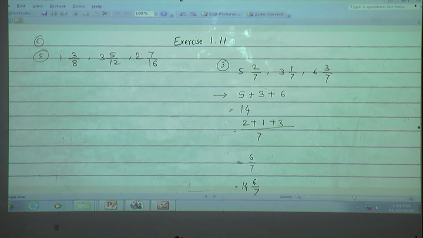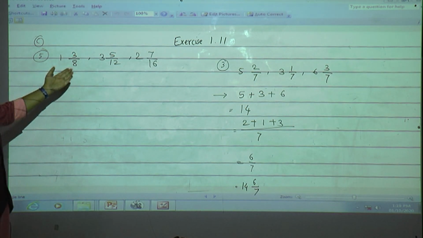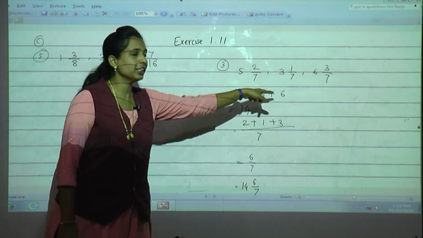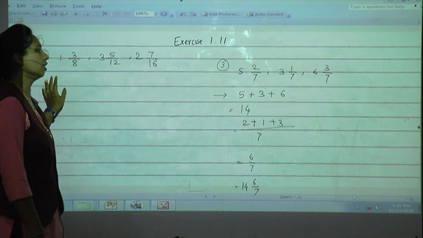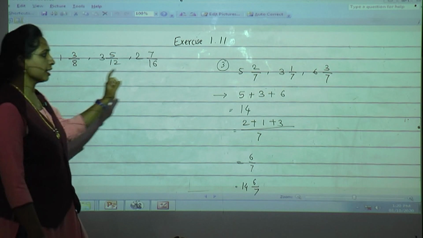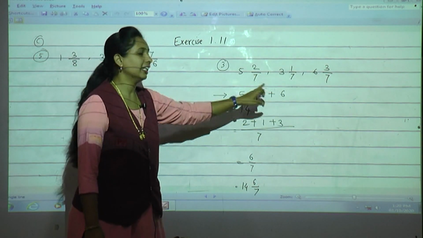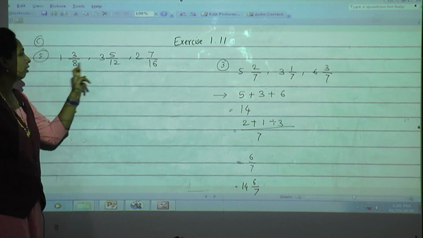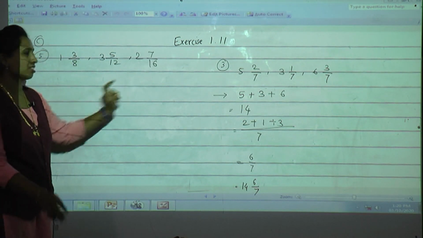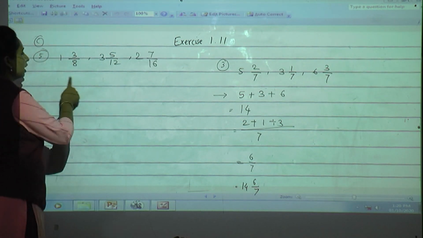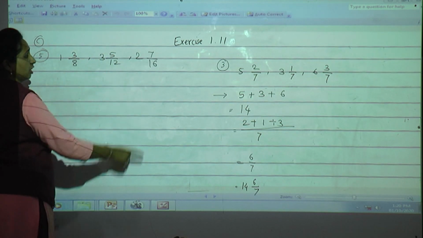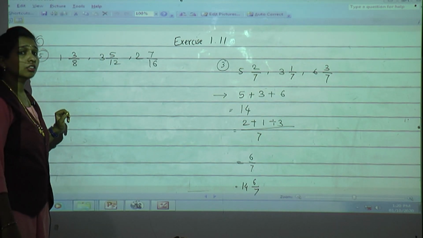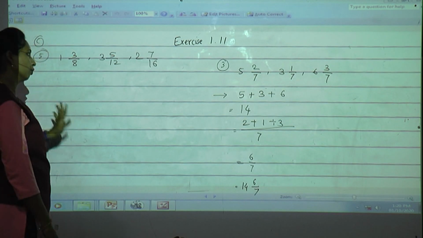Now see here, denominators are not same, isn't it? When denominators are same, we used to solve immediately by adding whole numbers together and the fractions together, but here the denominators are not same. So first we need to convert these mixed fractions into, no, not at all, no need.